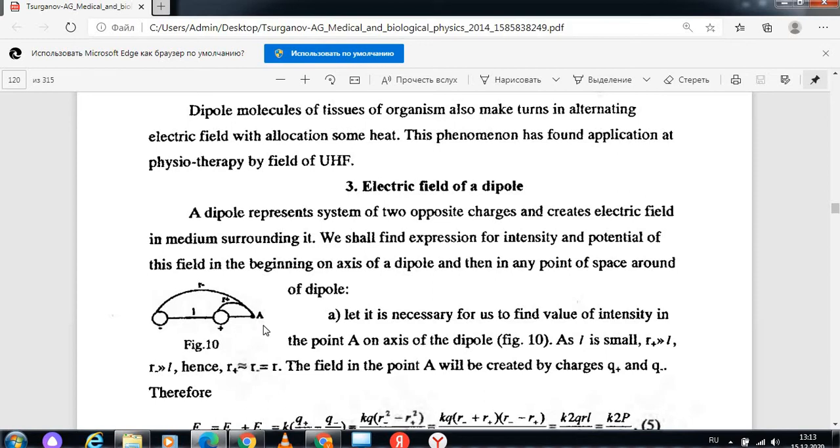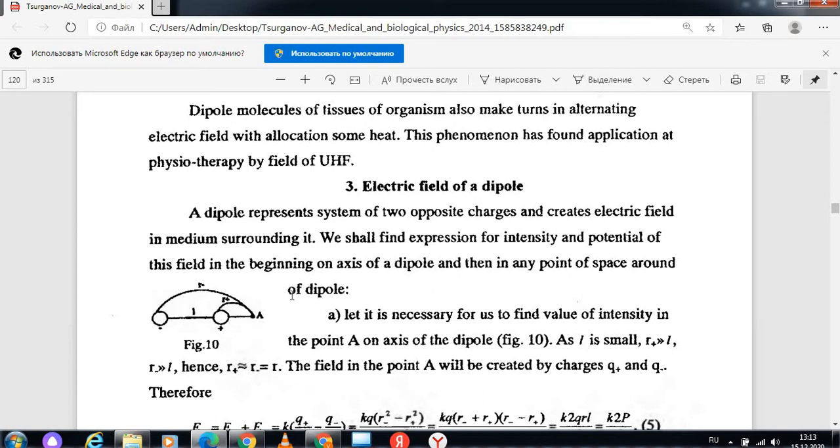So your R will be much bigger than L, and hence R plus will be equal to R minus, equal to R.